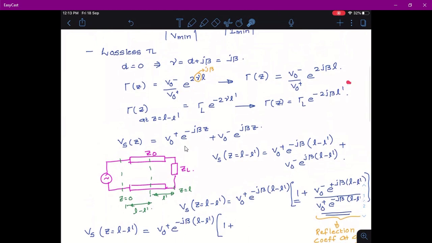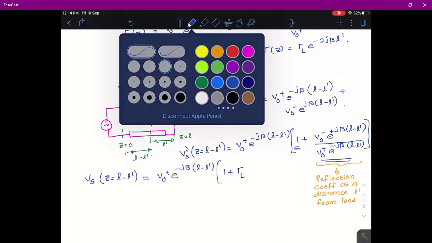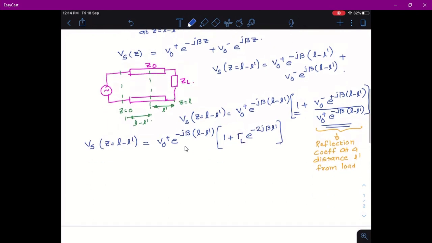Okay. So, I can substitute this as 1 plus tau L e raised to minus 2j beta L dash. Okay. Now, this is Vs at any point L dash from the load.